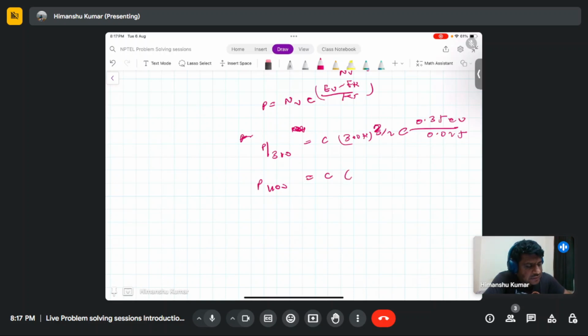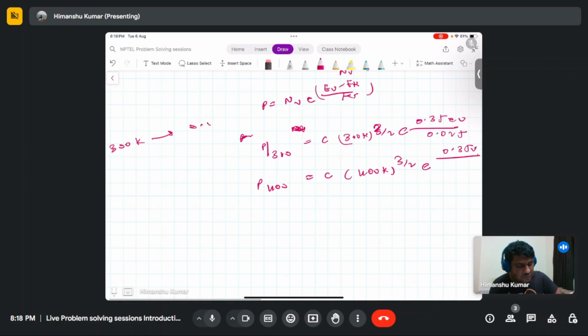So this is C times 400 Kelvin to the power 3 by 2 times exponential of 0.35 electron volt divided by kT, which at 400 Kelvin becomes 0.025 multiplied by 400 divided by 300.